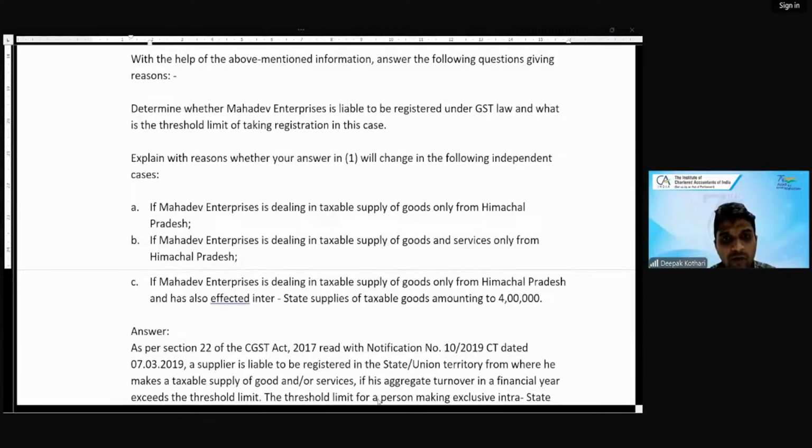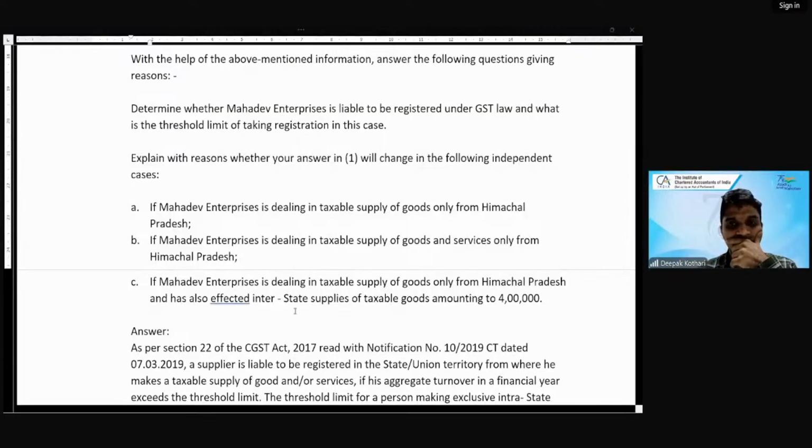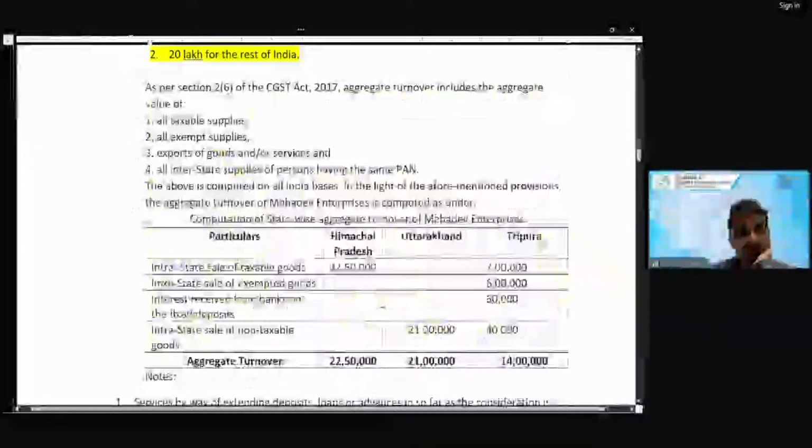Pooja, what is your point? I did not understand. Third point में चले गए आप. Very fast you are. Second point. Yes, second point.